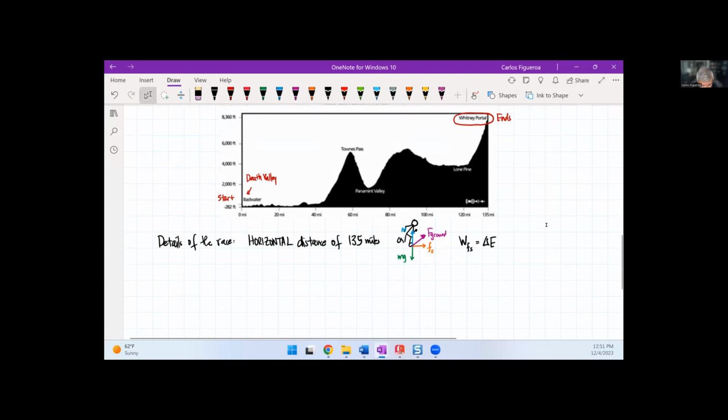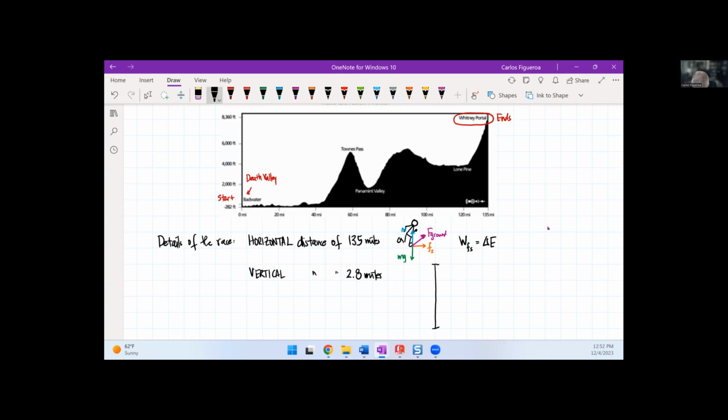Now there's a second piece to this. It turns out that there's a vertical distance of 2.8 miles. So when we talk about a vertical distance, there's only one vertical force. So we have to have a picture that looks vertical like this.